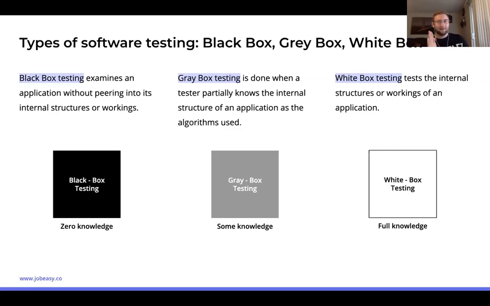So this layer of testing is called gray box. And white box testers rarely go into the user interface. They rarely go into the actual manual testing. They work with the code. Their tests are based mostly on the code structure that the application is created on.